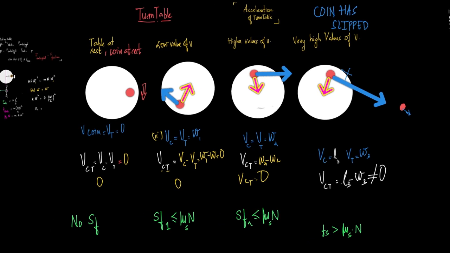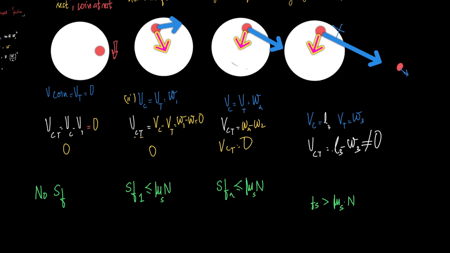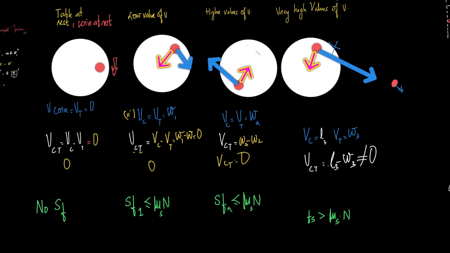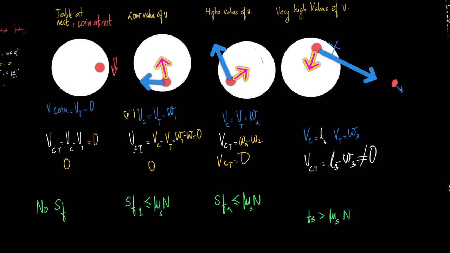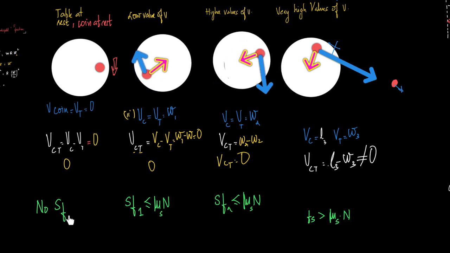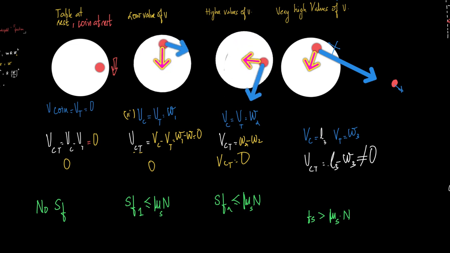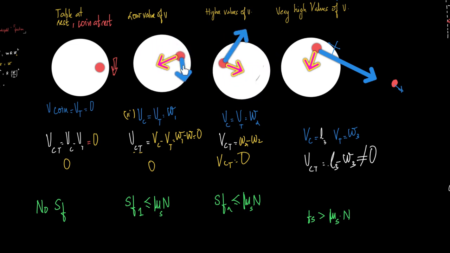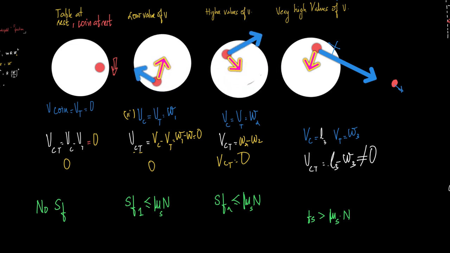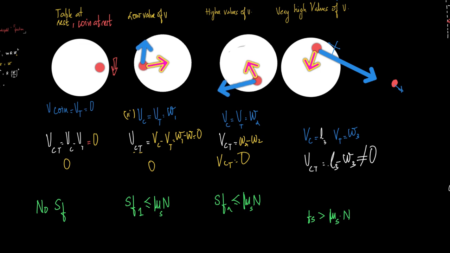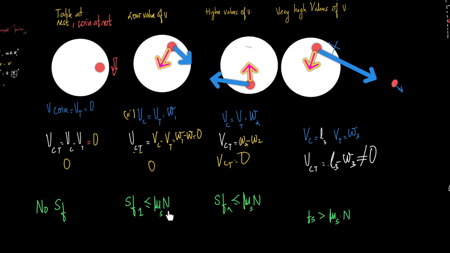Yeah. So now let us try to understand what happens with friction here. See, when the table and the coin, both of them are at rest, there is no concept of static friction, right? Because static friction is at rest. But when there is an external force applied and when the table is rotating, static friction will come into picture. For low values of v, we know that the static friction value would be less than or equal to mu s into n, right?